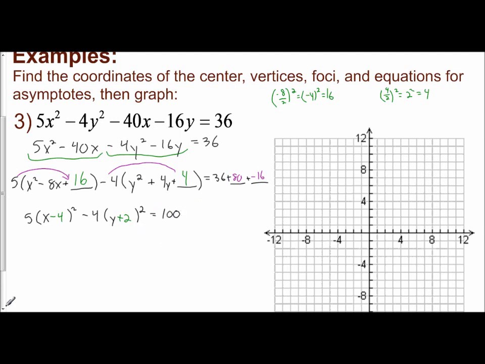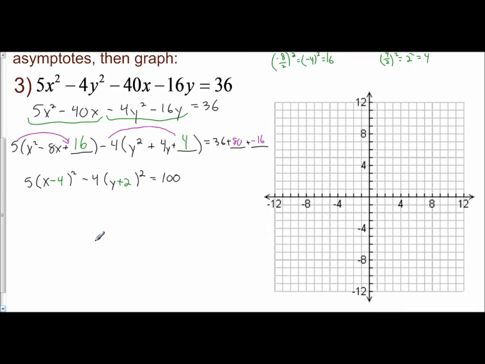It's still not in standard form because standard form for a hyperbola is equal to 1. So what I'm going to do is divide by this 100, and I'm going to do it to every term. Now the easy way I do it is I don't think about simplifying a fraction. I just see, okay, 100 divided by 5 is 20.